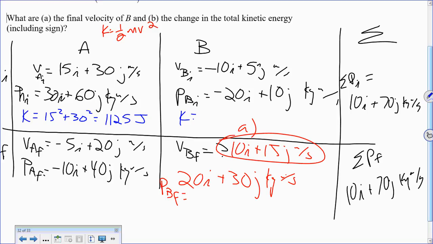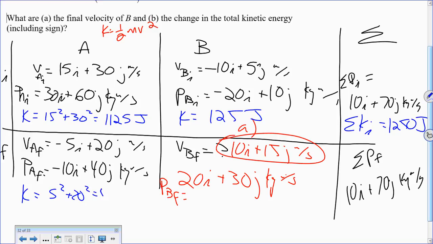All right, same thing here. So 10 squared plus 5 squared, you get 125. So that means my total kinetic energy before the collision is 1250. Down here, my kinetic energy is going to be 425. 5 squared plus 20 squared is 425.